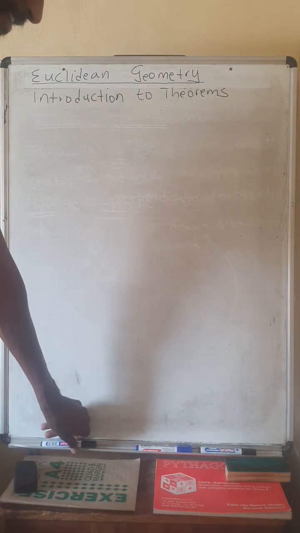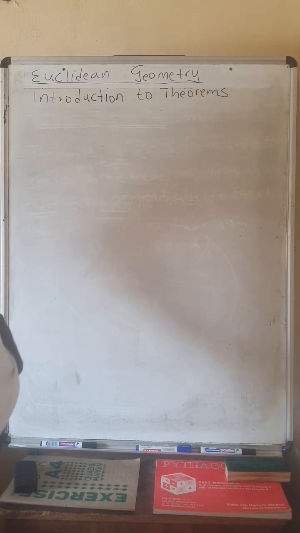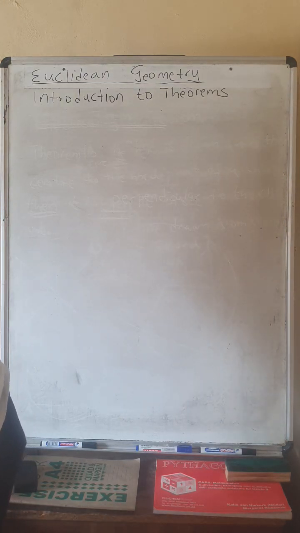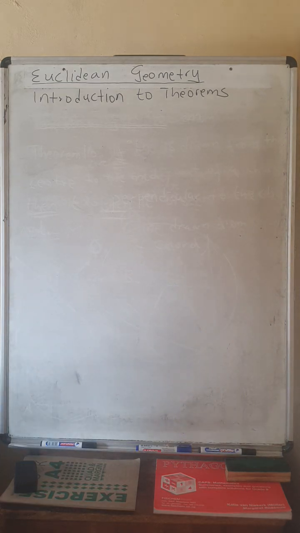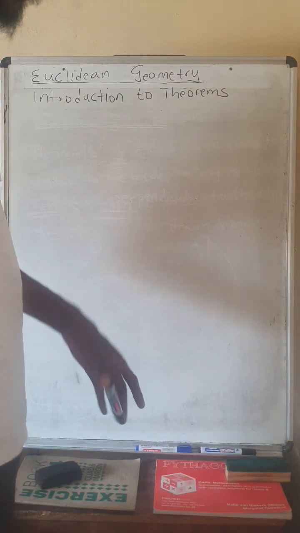Before I introduce you guys to theorems, there are things that I would like to discuss with you: a conditional statement, a theorem, and the converse of a theorem. First of all, I'm going to start off with the conditional statement.